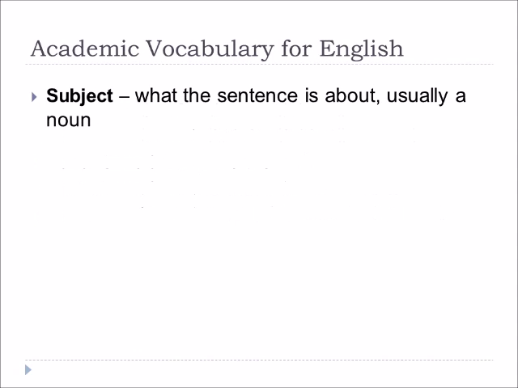Now, I've just talked about several terms, so let me take a moment and talk about some of the academic vocabulary that I'm using in this presentation and in class. A subject is usually a noun, and a subject identifies what the sentence or who the sentence is about.